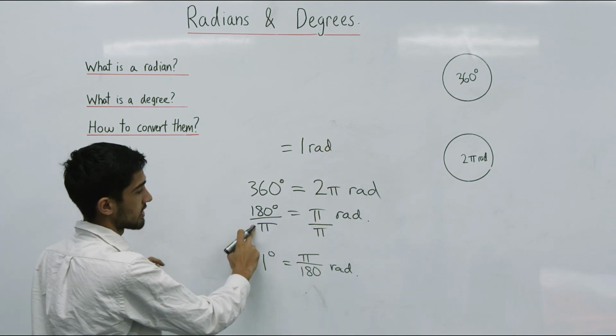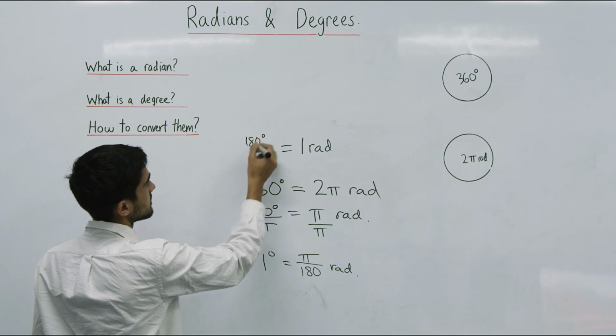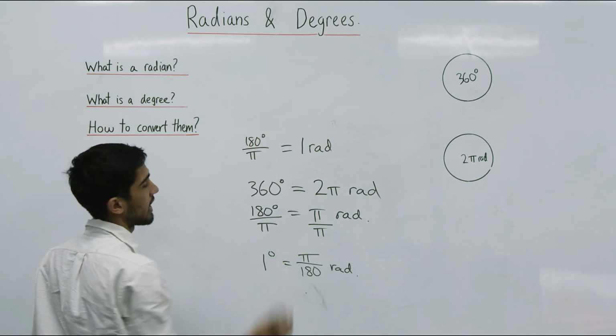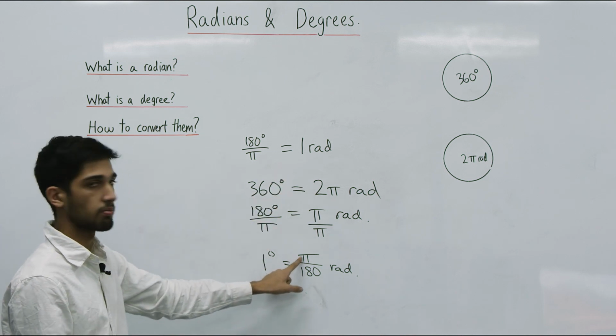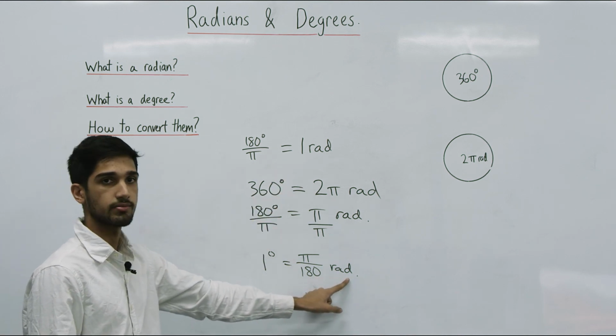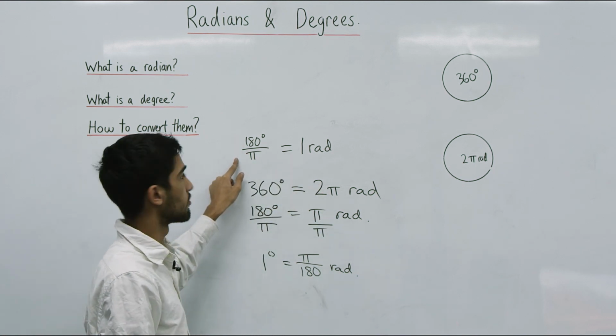On the left-hand side, 180 degrees over pi, we'll keep it as that, is equal to 180 over pi degrees. So we get the conversions that 1 degree is equal to pi upon 180 radians, and 1 radian is equal to 180 over pi degrees.